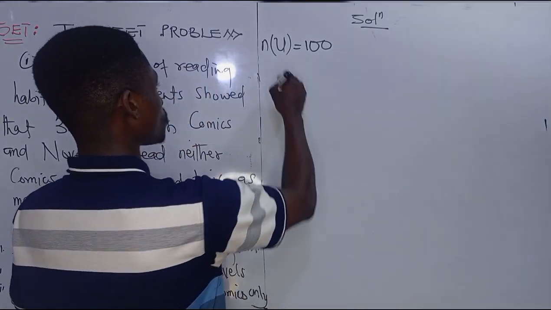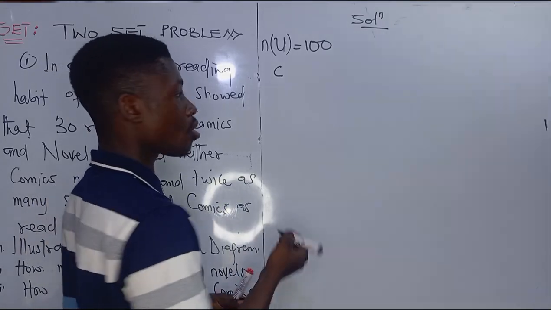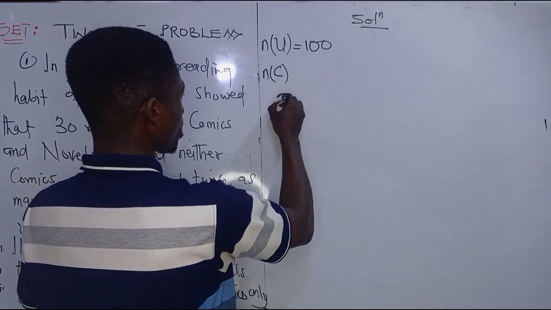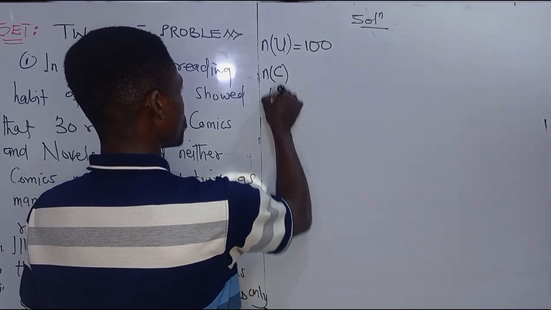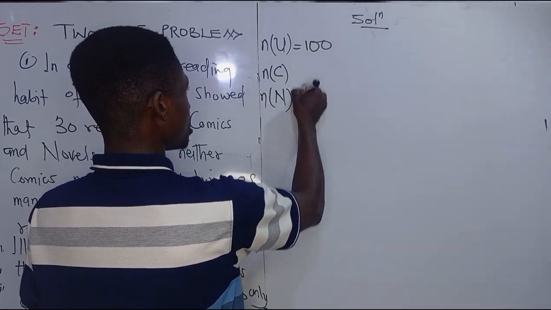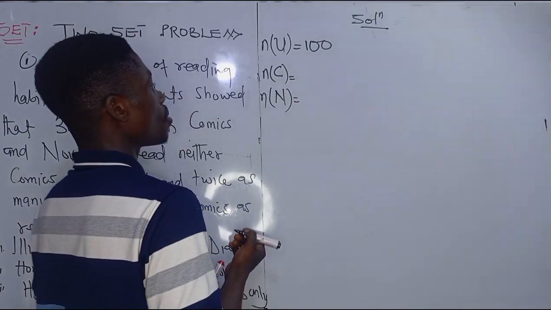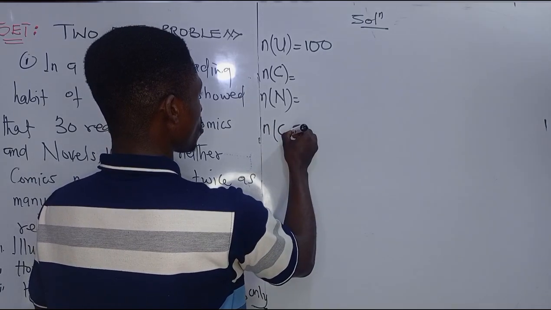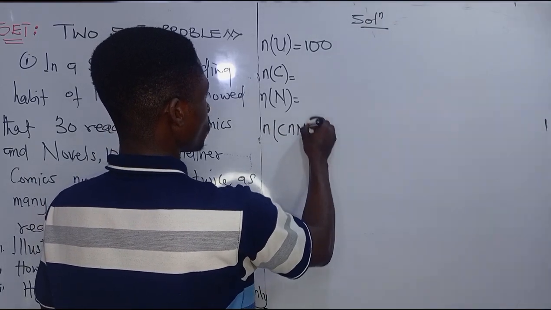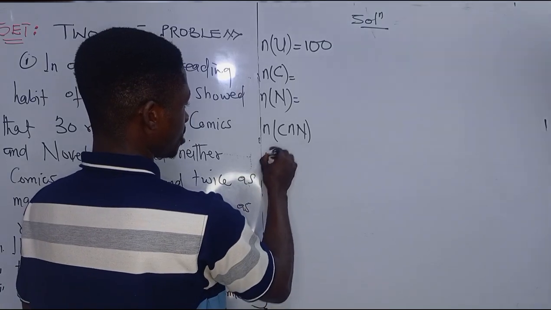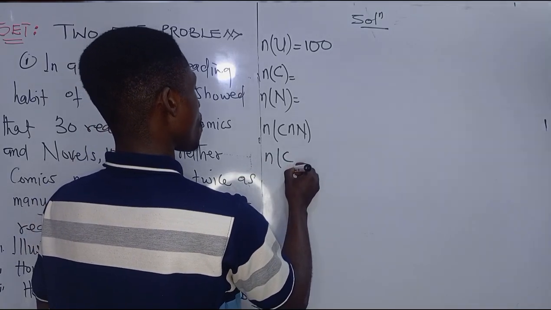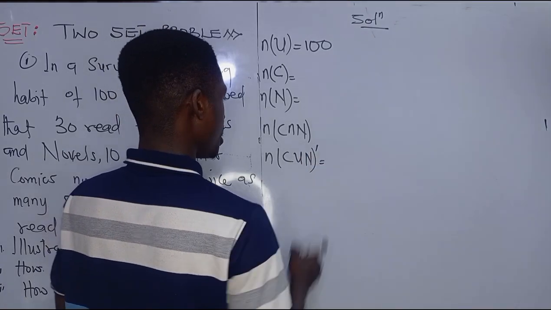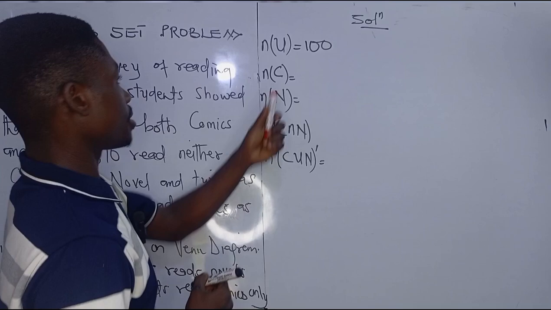Let C represent the number of students who read comics, and let N represent the number of students who read novels. And then we have the number of students who read neither comics nor novels. So let's add the figures to it.